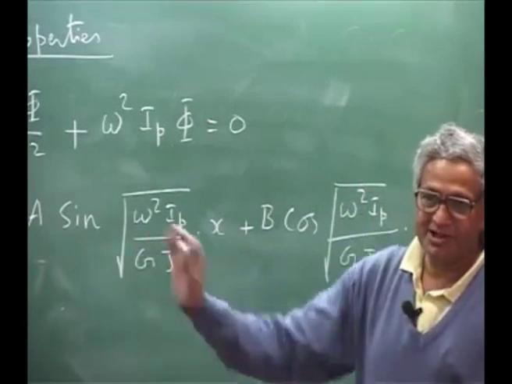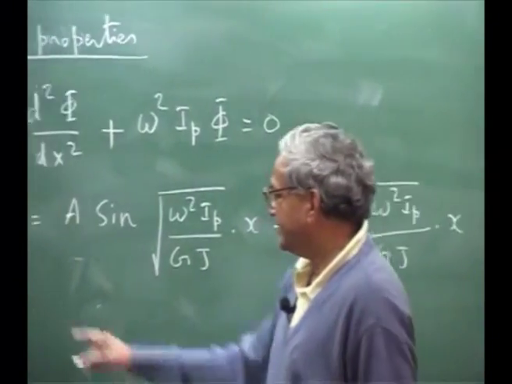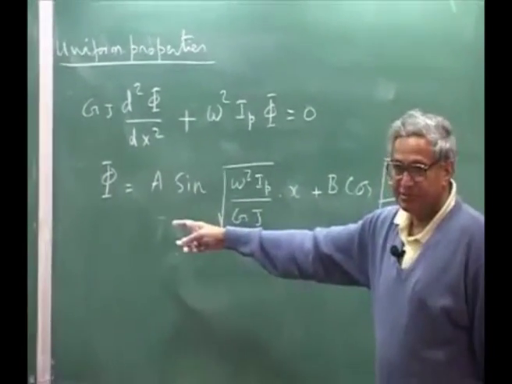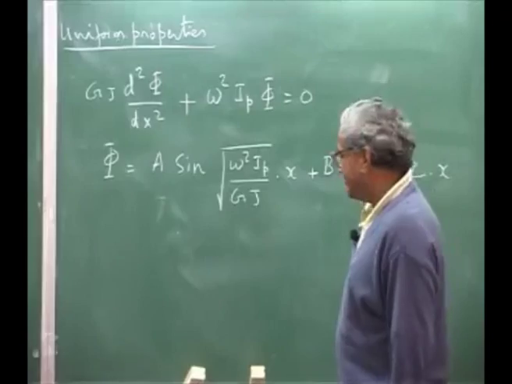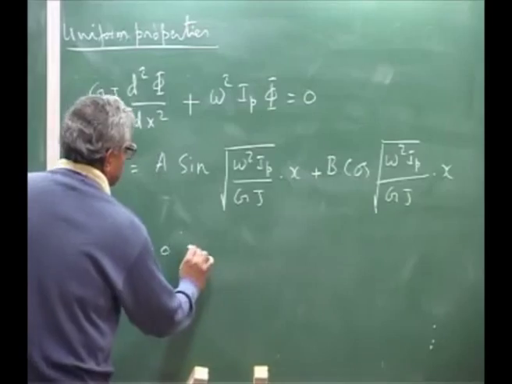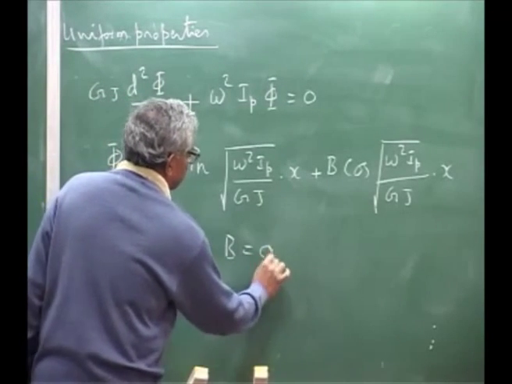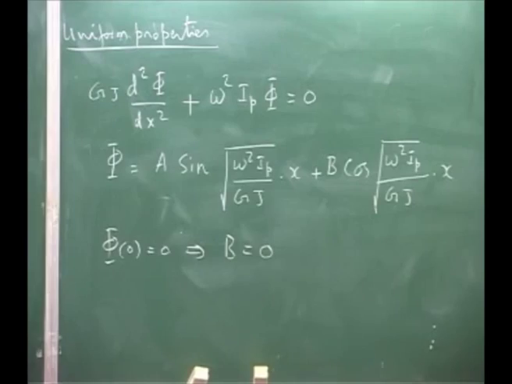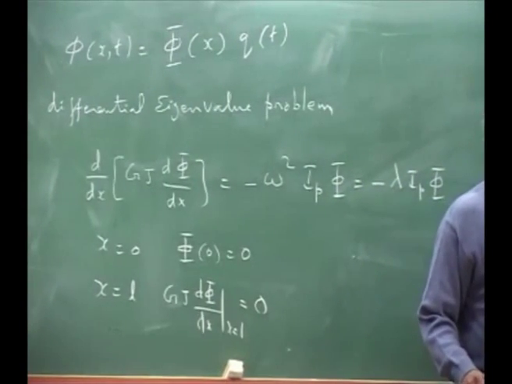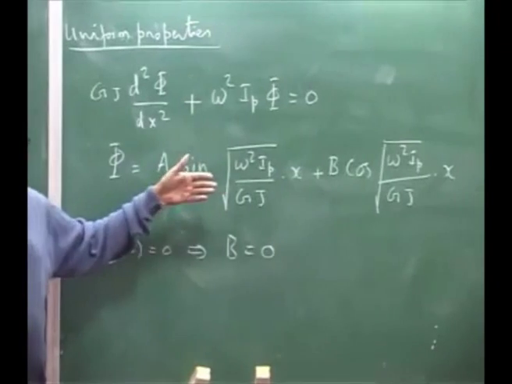Now you substitute the boundary condition. When φ is 0, that is x is 0, automatically this term goes. So your first boundary condition gives me b equals 0. Now you take the derivative, because dφ/dx, sine will become cosine, and that should be 0 at x equal to L, and a is not 0.